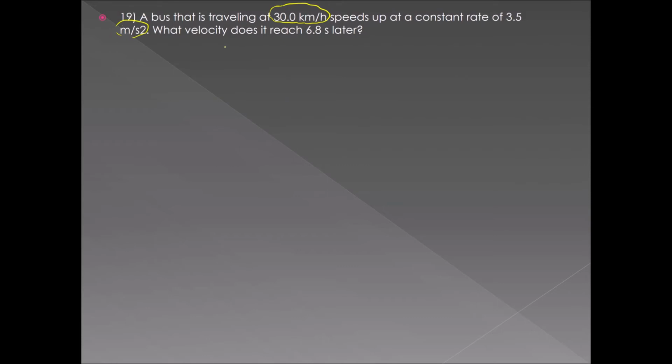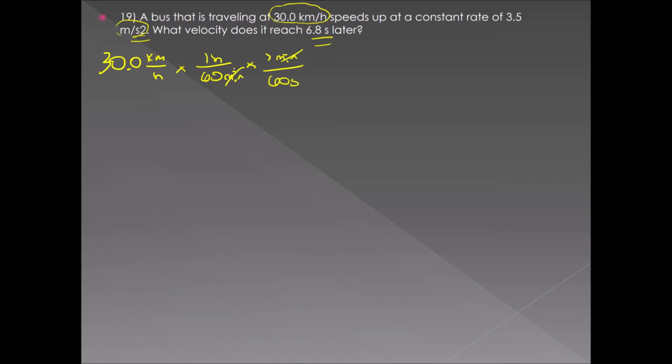So if you're saying, yeah, we have to convert, you are correct. Let's go ahead and convert 30 kilometers per hour times, I need to put this in meters per second because everything else is in SI units of meters and seconds. So you're going to multiply this times 1 hour is 60 minutes, times 1 minute is 60 seconds.